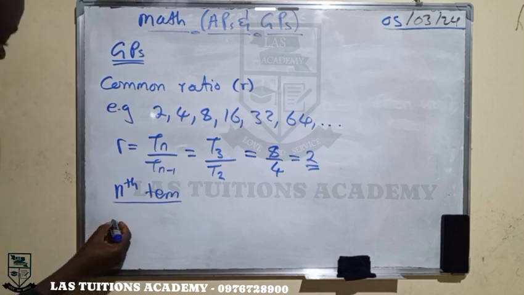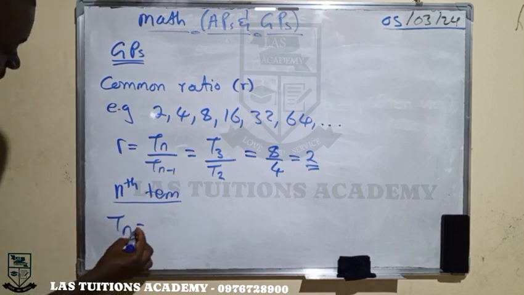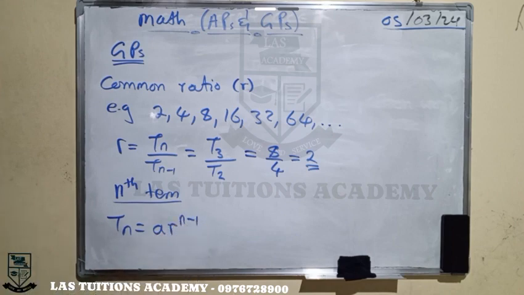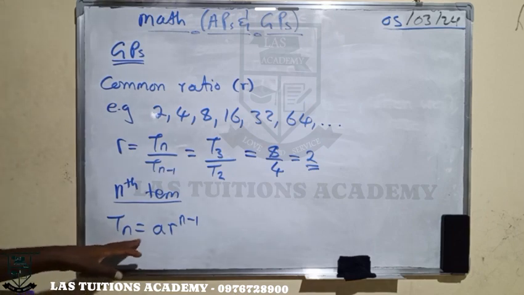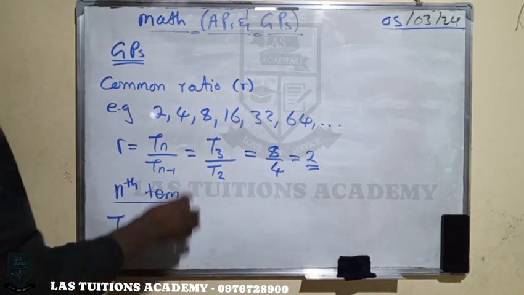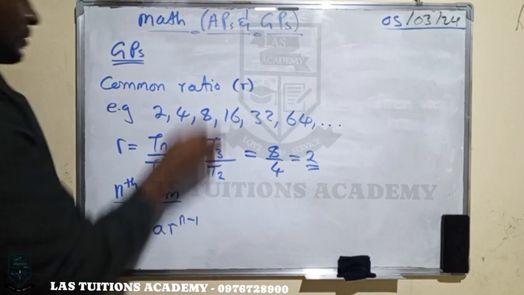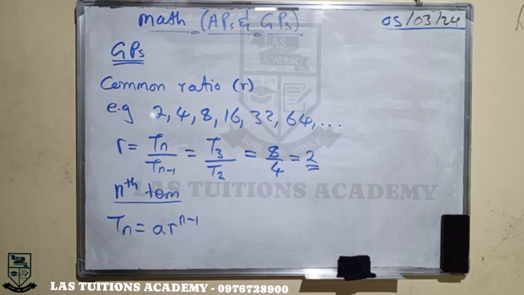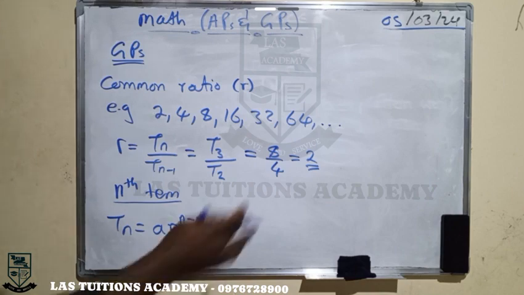So I'm saying Tn is equal to A R to the n minus 1. That is the formula that we use for finding the nth term. A is the first term, R is the common ratio. Then n is the term we are looking for, then we subtract 1.